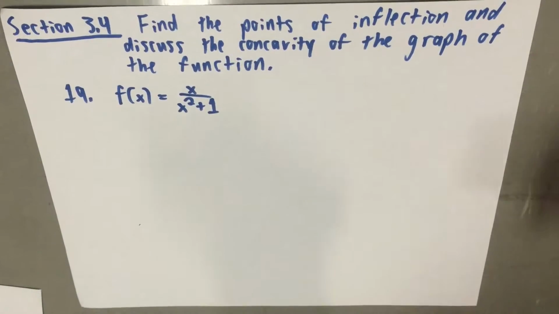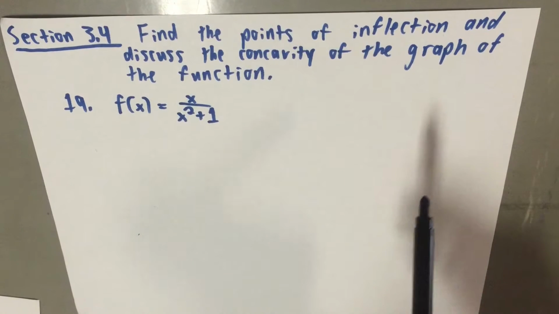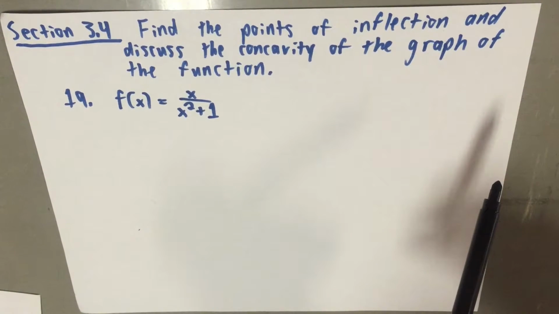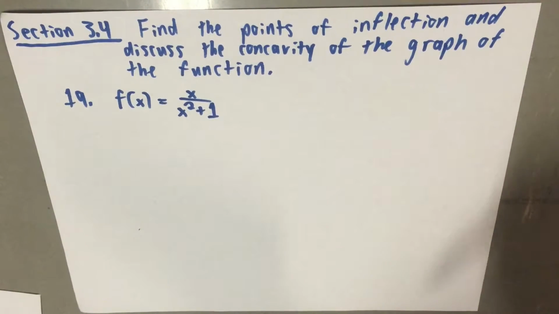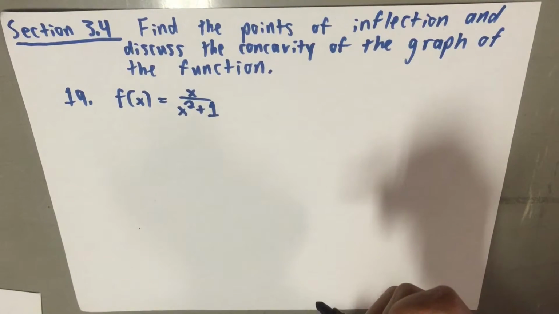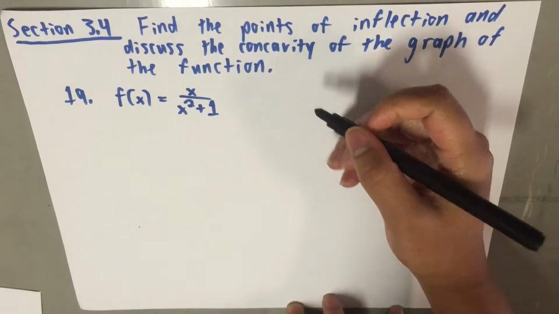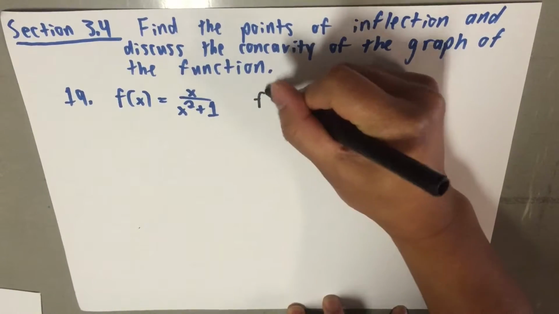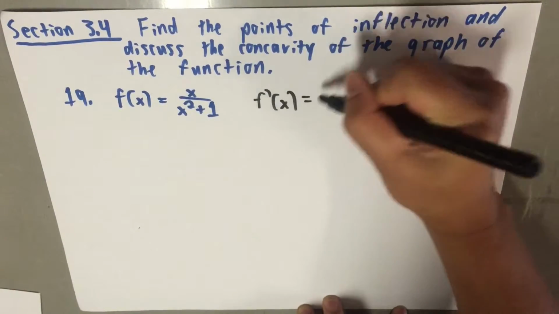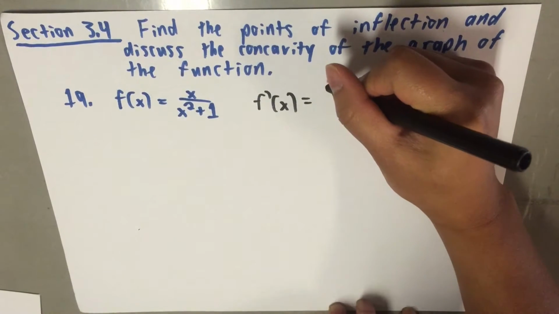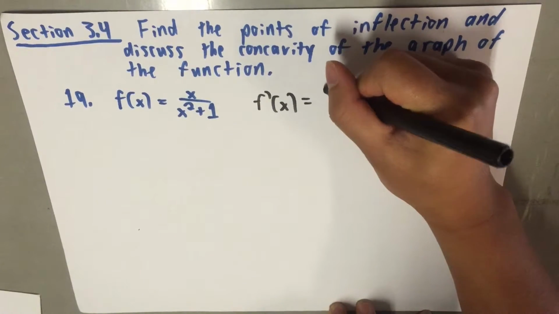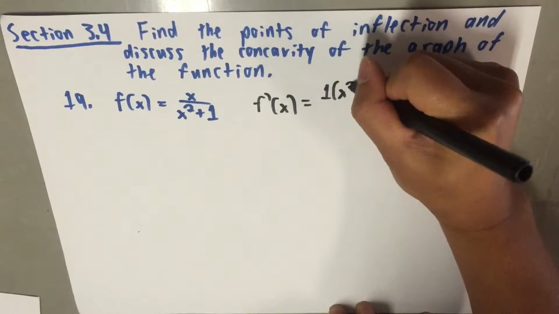So the next section is 3.4, and what we want to do is find the points of inflection and discuss the concavity of the graph of the function. And the function they give us is x over x squared plus 1. So the first thing we want to do is find the first derivative. The derivative of x is 1 times x squared plus 1.